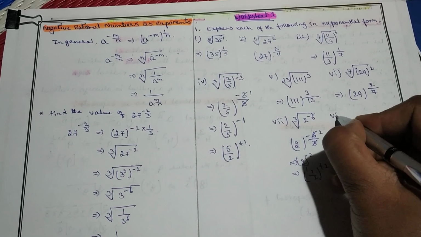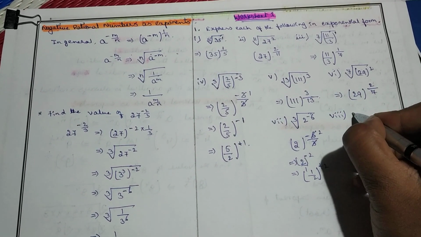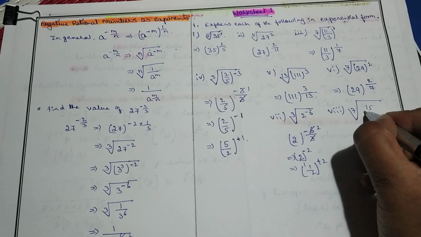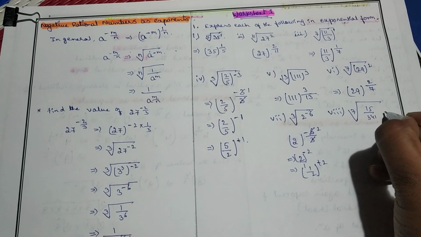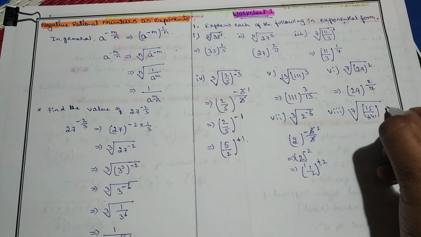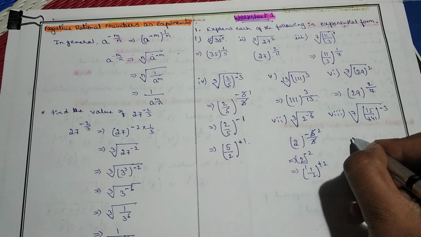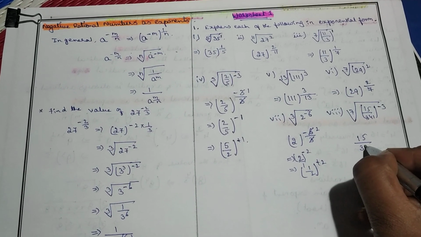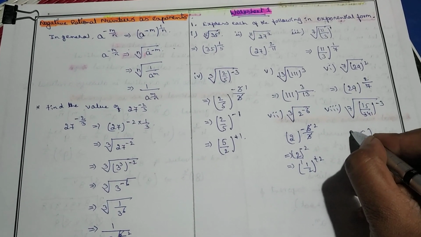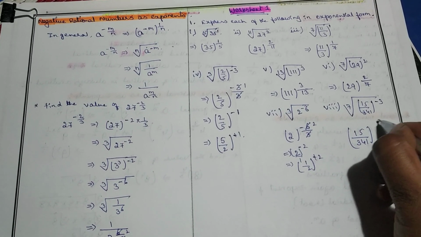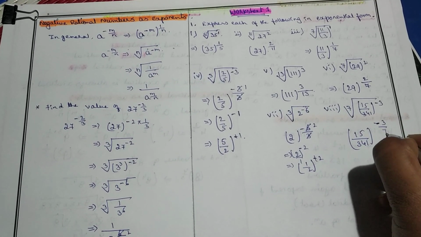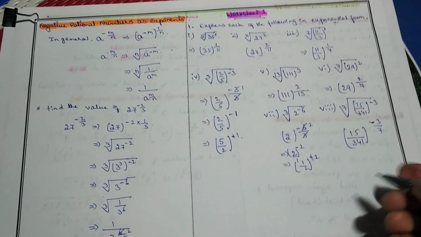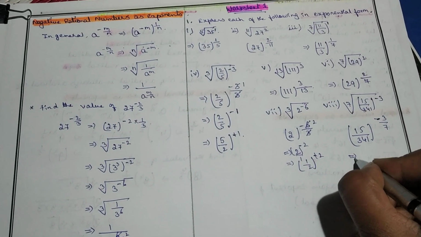Next, eighth question: 7th root of 15 divided by 341 whole to the power of minus 3. Then I can write 15 by 341 whole to the power of minus 3 by 7. If I want the negative power to be positive, then I have to take the reciprocal of the base.